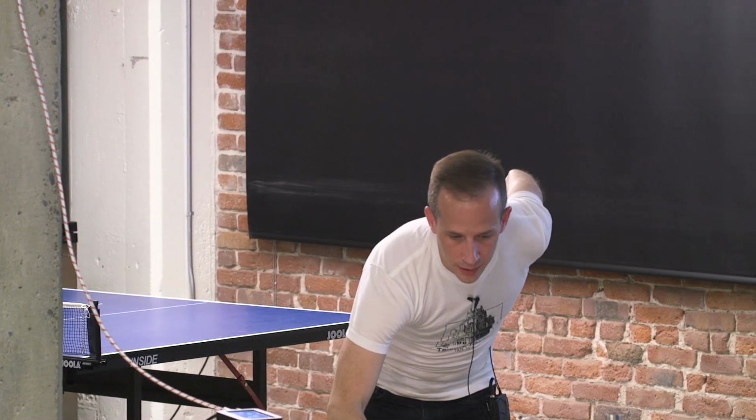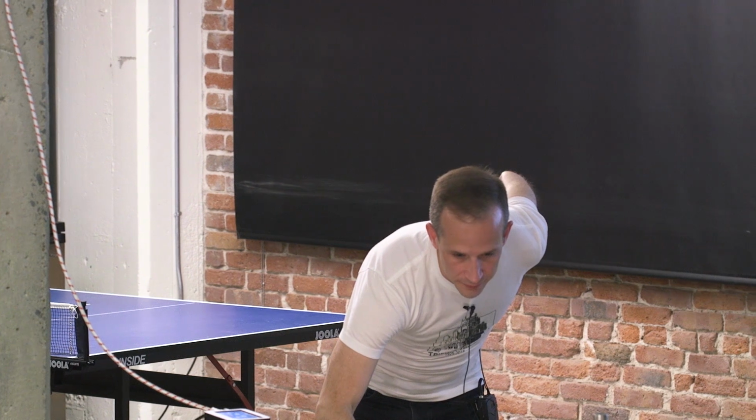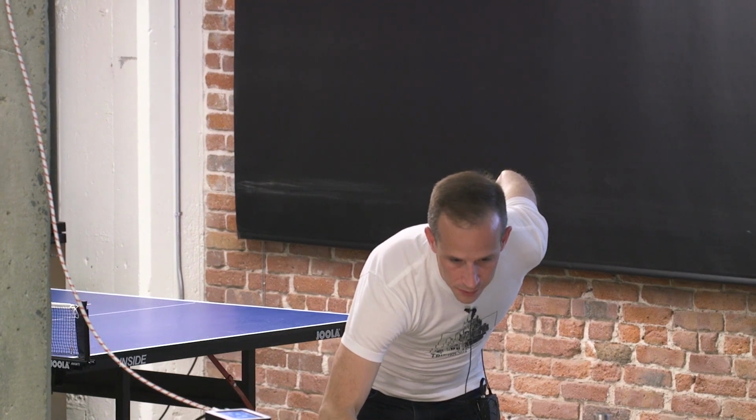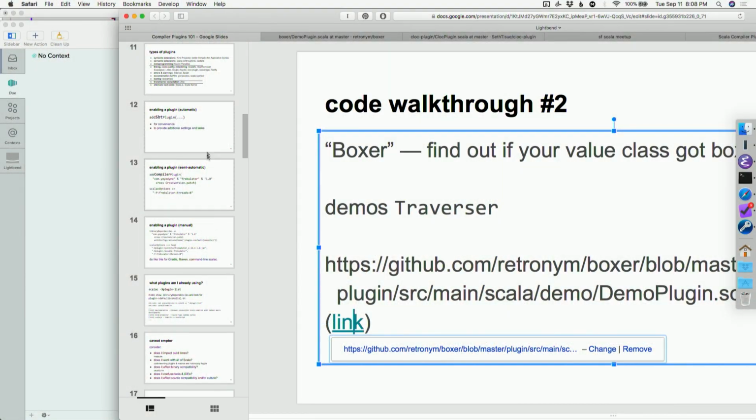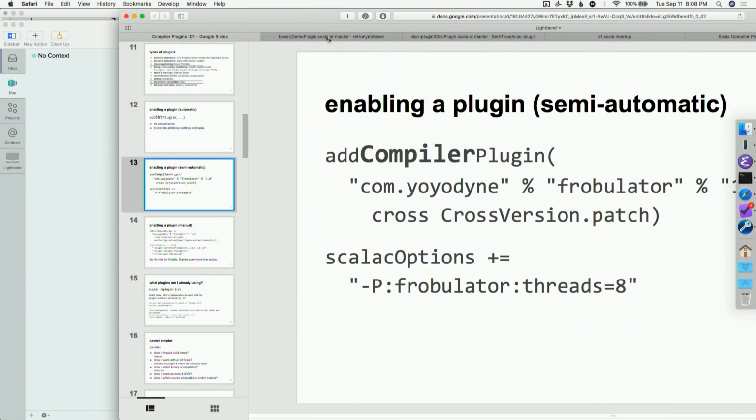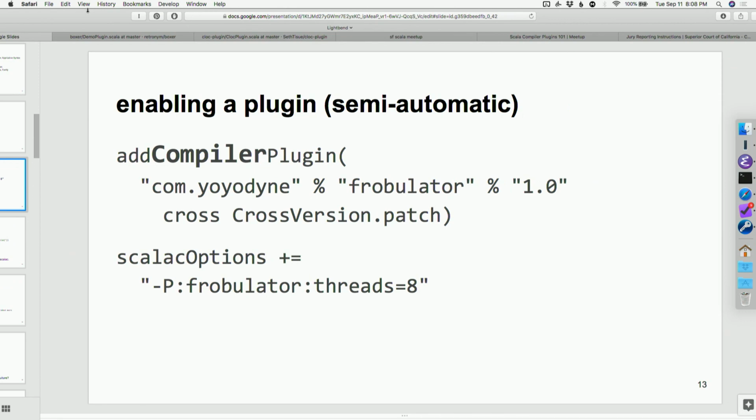So let's say I write something that depends on Cloc. How does it know that it needs the Cloc plugin before it can run? So I'll just revisit an earlier slide. That happens with add compiler plugin.